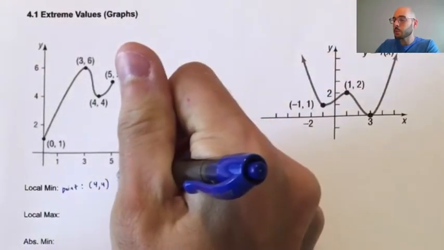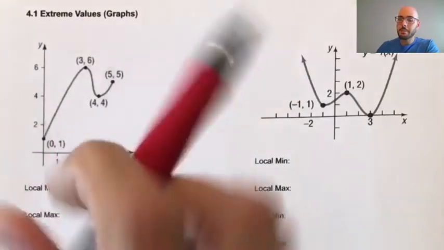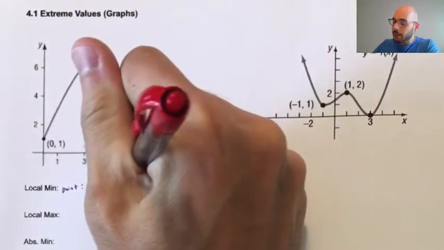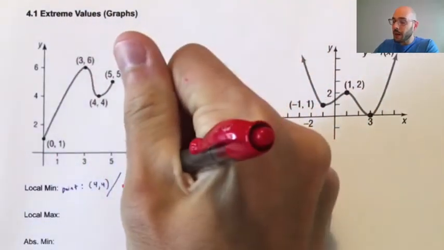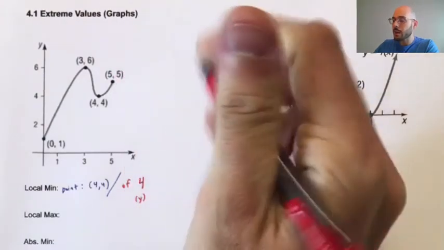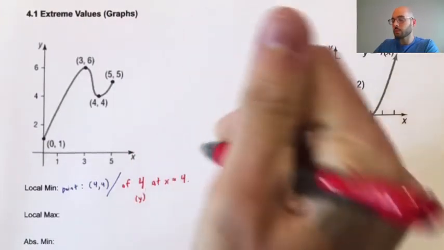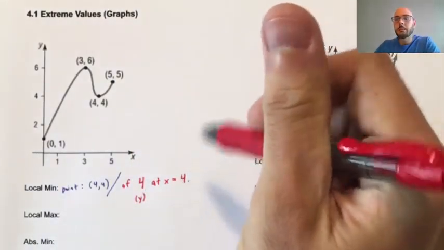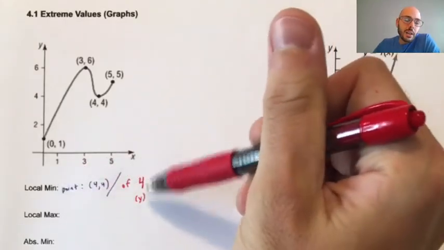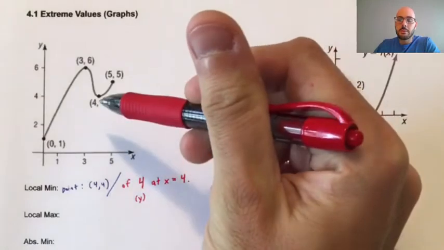Or sometimes we'll say we have a local minimum of, and we put the y value, so the y value is 4. You want to emphasize that's the y value at x equals 4. And of course, that's the x value. So I have a local minimum y value of 4 at the place where x equals 4.